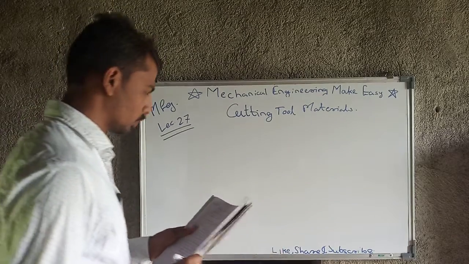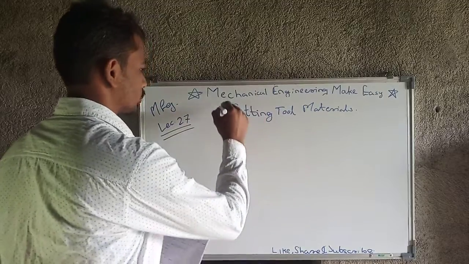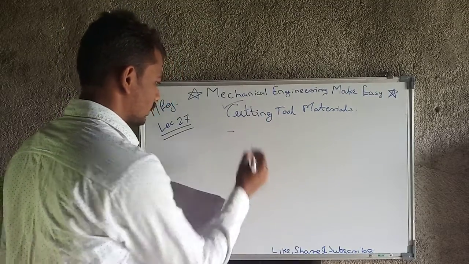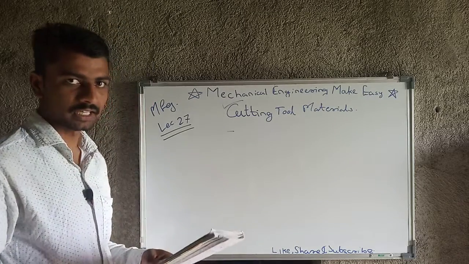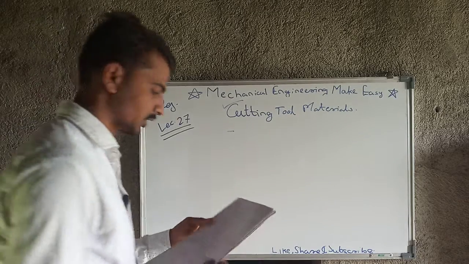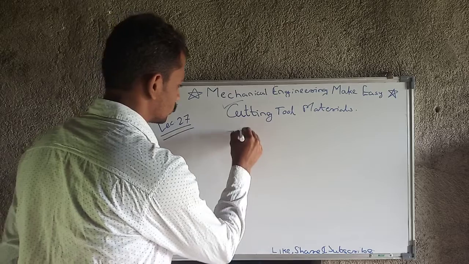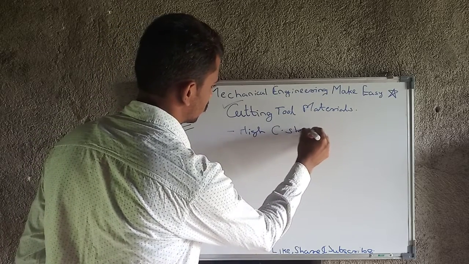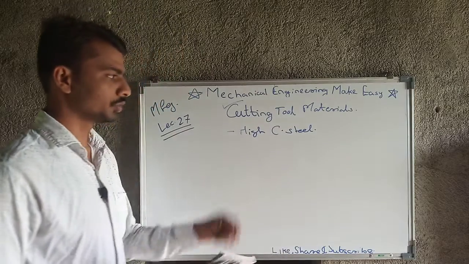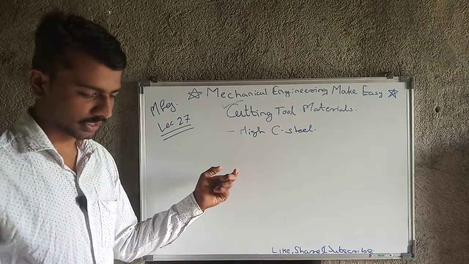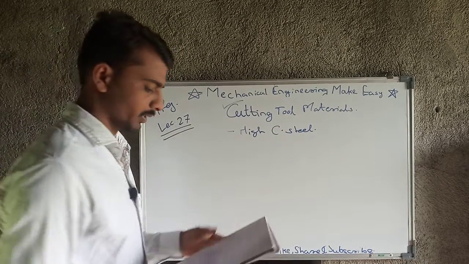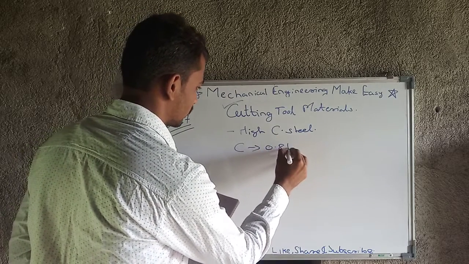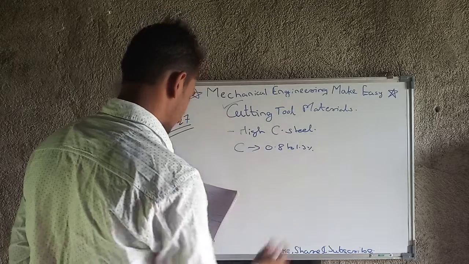So we will move towards our next topic, that is cutting tool materials. There are 10 to 15 cutting tool materials. I have taken some popular materials here, like high carbon steel. We are going to use high carbon steel as a cutting tool material, and here the carbon percentage will vary from 0.8 to 1.3%.